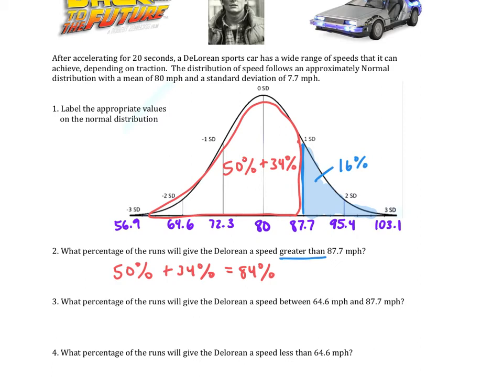So we would say that 16% of the runs would achieve 87.7 miles per hour or greater.